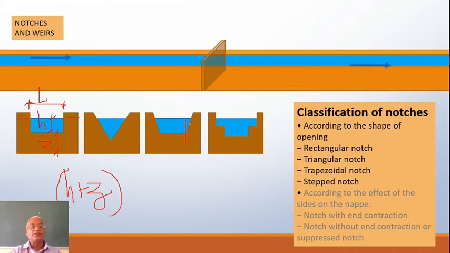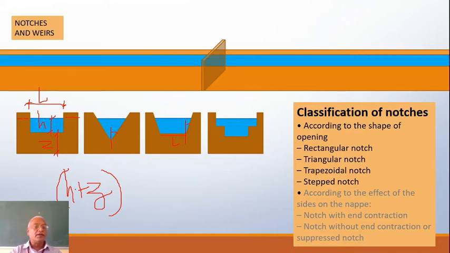So you have to mention theta as well as L. In this case it is only theta by 2 and theta by 2, the whole angle is theta. Here of course you should mention everything like this height, this width, and so on, right? So we are interested in these three, that is rectangle, triangle, and then trapezoidal notches.